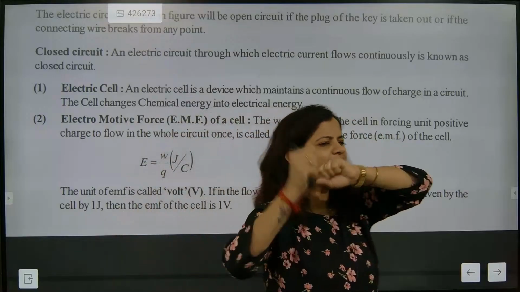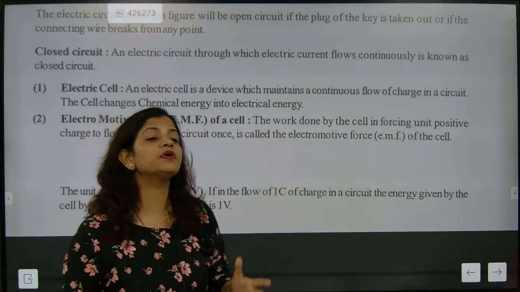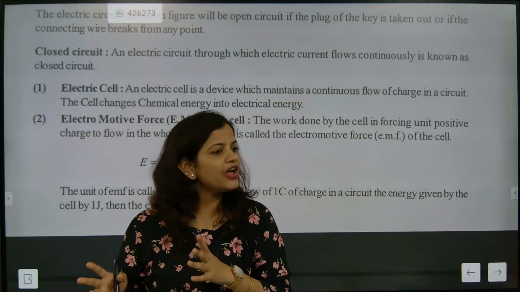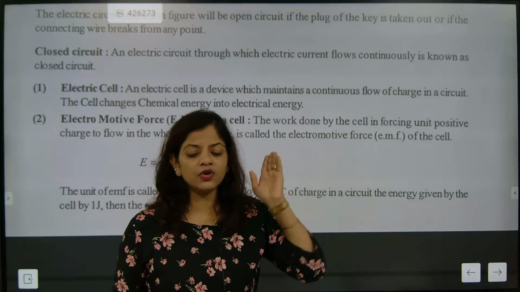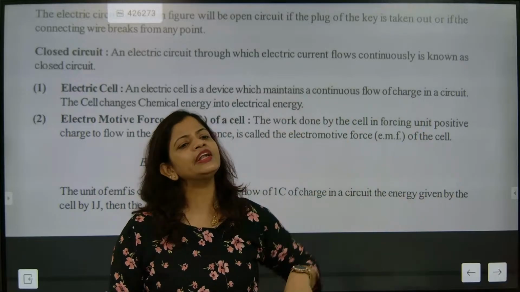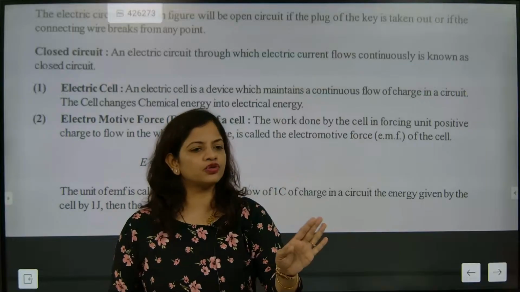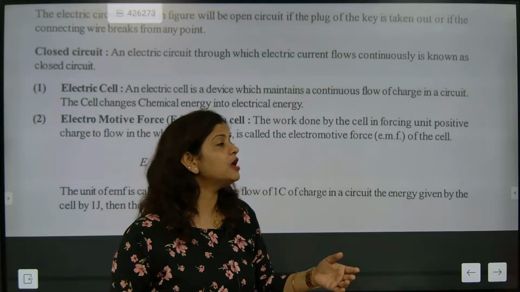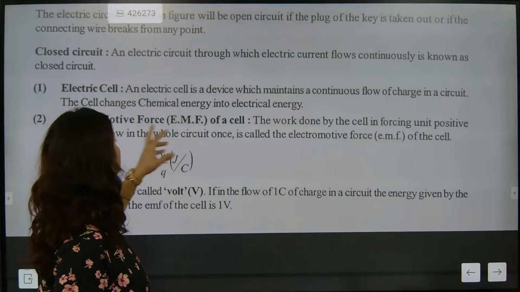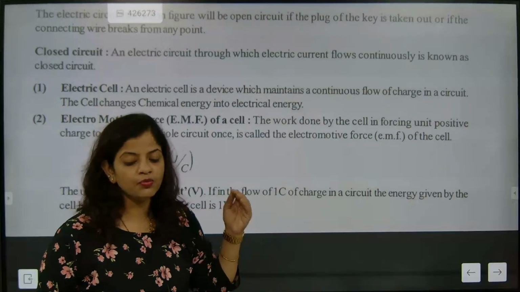The chemical reaction taking place inside the cell helps the generation of electrons. These electrons go from the negative terminal towards the positive terminal, and when moving they generate a force. That force makes the unit positive charge move in the entire circuit. So this is called electromotive force.